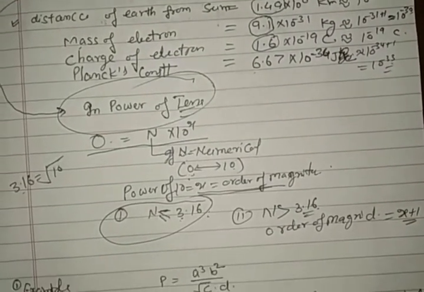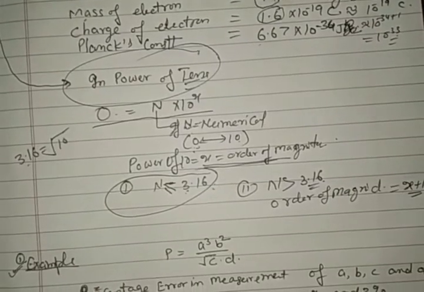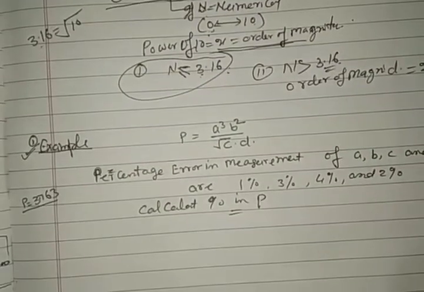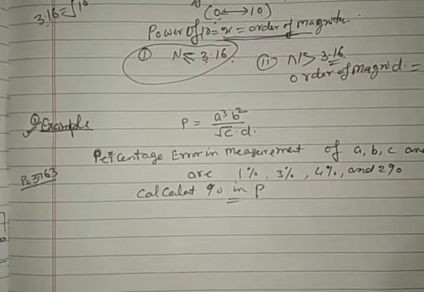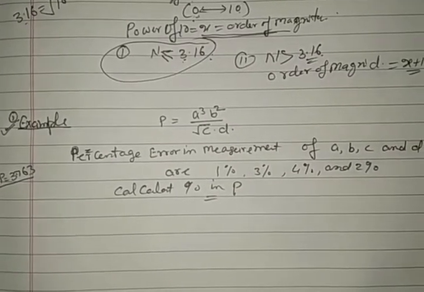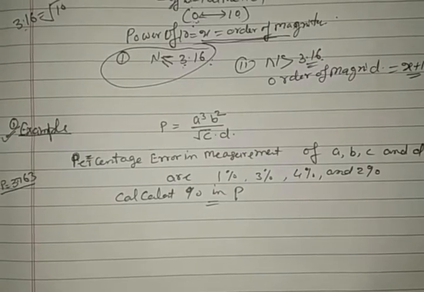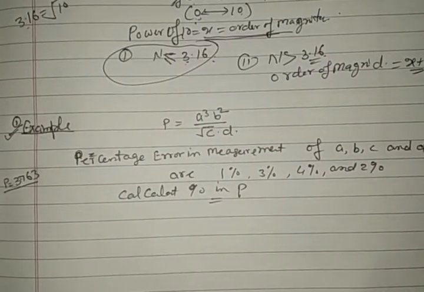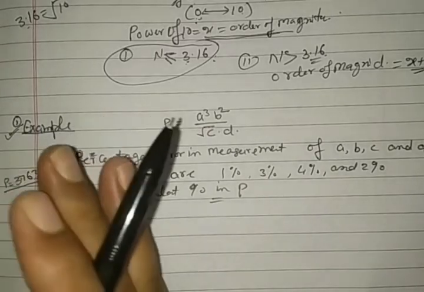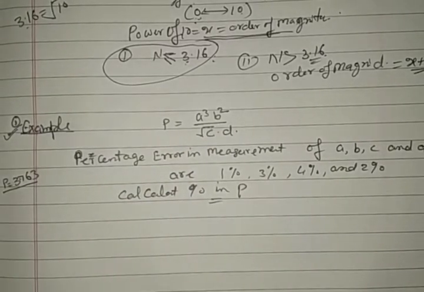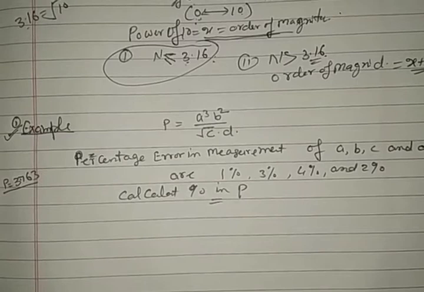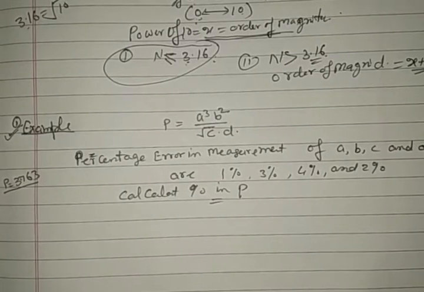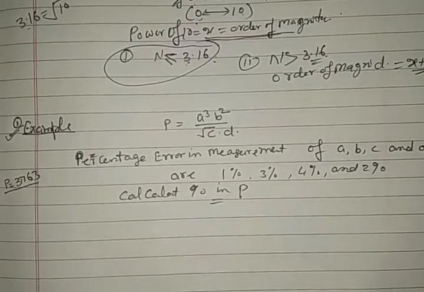Now we are going to see the numerical on the topic error analysis. Listen very carefully, students. We normally go through the theories to understand the fundamentals. On the basis of this theory we derive the formula, and by the formula we make some concepts, and using these concepts we calculate some physical quantities.